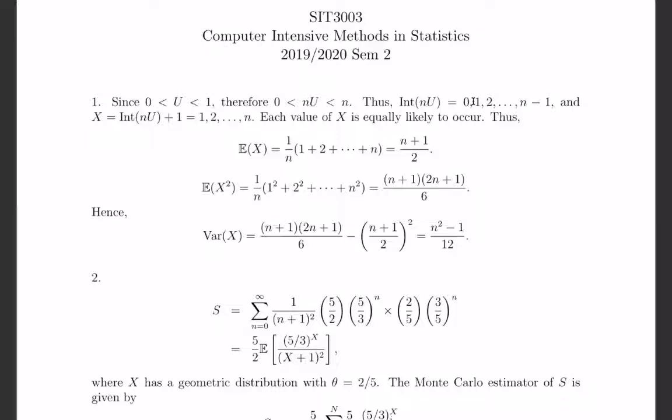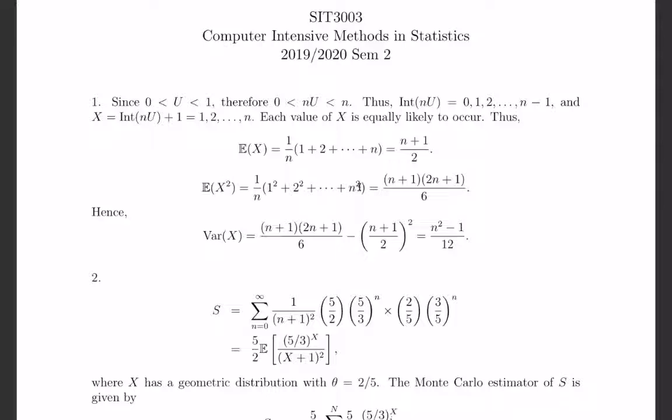Therefore, the expectation of X is just 1 times 1 over N, then you add up everything. So this is again a very simple arithmetic sequence. It's N over N times (N plus 1) over 2, so you cancel off the N, you get (N plus 1) over 2, right? And then the expectation of X squared is the same.